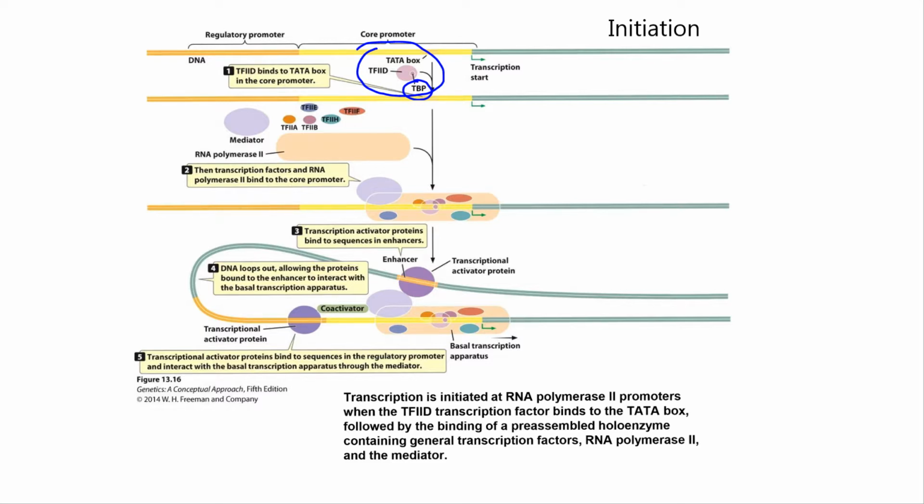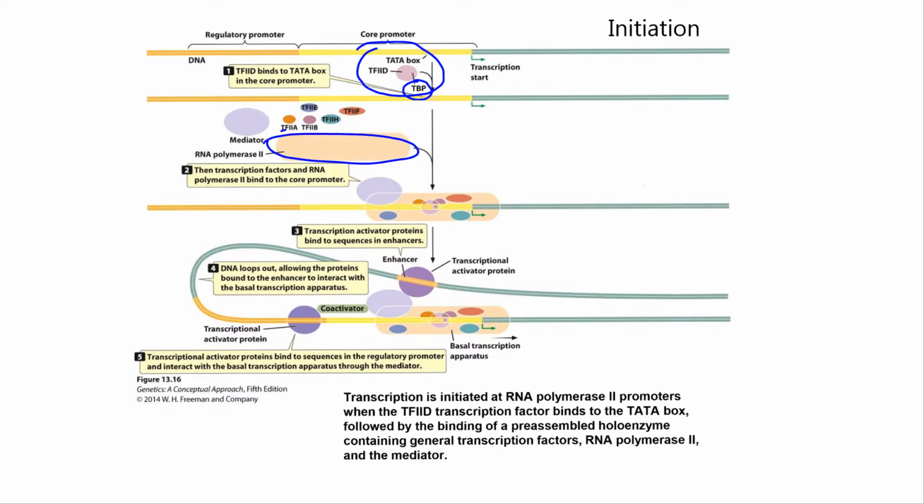When TBP binds to the DNA, it bends the DNA and triggers partial unwinding. This partial unwinding allows additional transcription factors and RNA polymerase to bind to the core promoter right here.